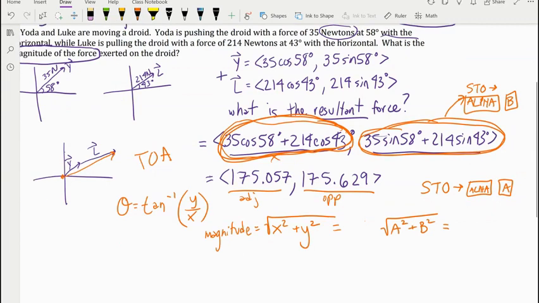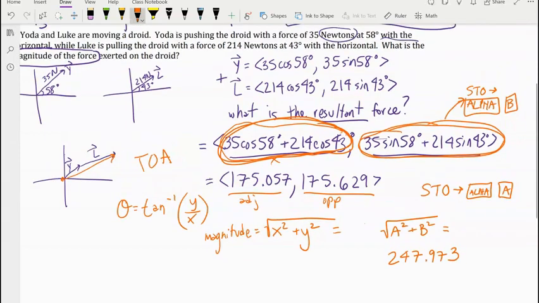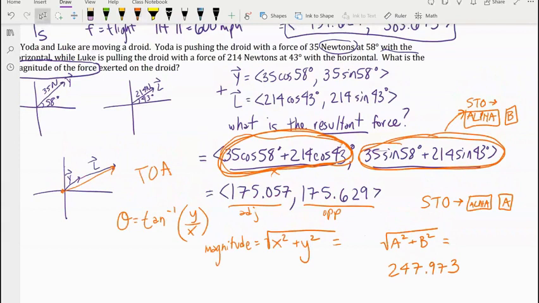I'm using exact values because I do want your answers to be correct to the third decimal place. And that is going to be 247.973. And then what is the unit here? Well, our magnitudes are in terms of newtons.